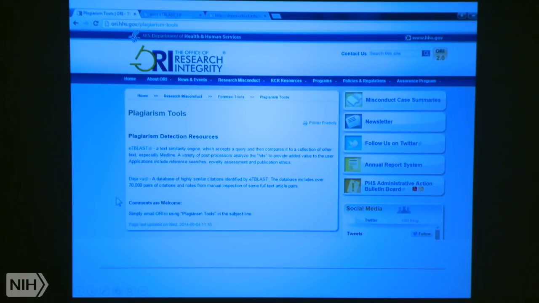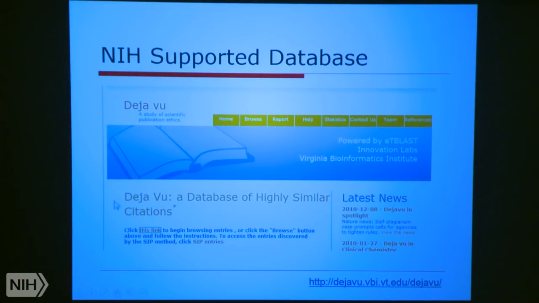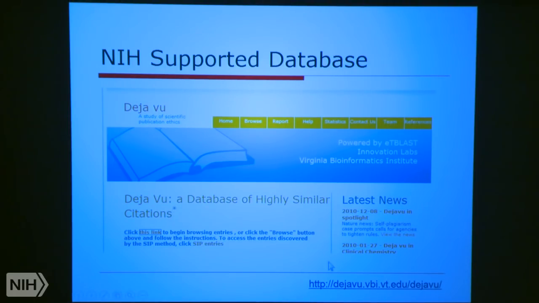This is a common way of checking, is there anything taken in this manuscript that could potentially be plagiarism, especially if you have co-authors and you're not sure, how did that postdoc do this phenomenal job here? Did he get it from somewhere else? So again, this is the Deja Vu I mentioned in the previous slide, and you can see a website here, how to get to it.